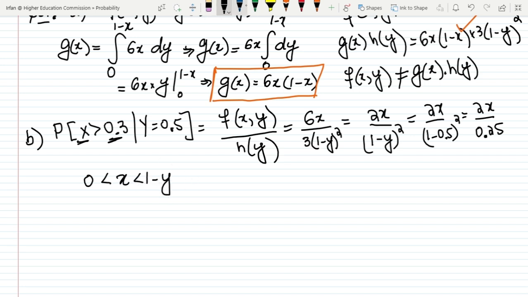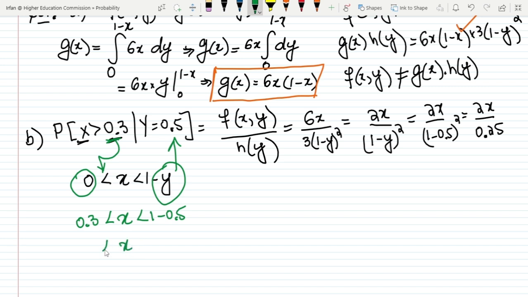As the value of y is now given, you can see that this is now 0.5 and that is greater than 0, means now the value here is replaced, because x must be greater than 0.3, so the new value of x will be from 0.3 up to 1 minus 0.5, because the value of y is already given.